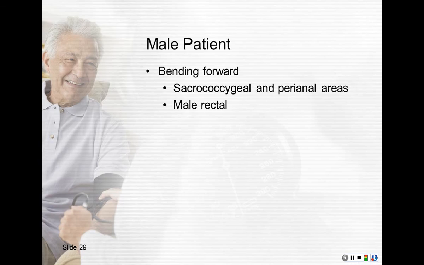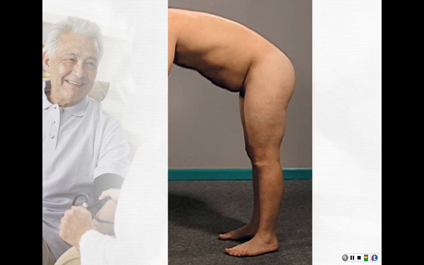With a male patient, I do this a little bit differently. Some texts suggest that to examine the prostate in the male, you have them bend over the table. I personally do not like this because, number one, I think it's a dignity issue, and secondly, it can cause a vagal response that has the person end up on the floor.